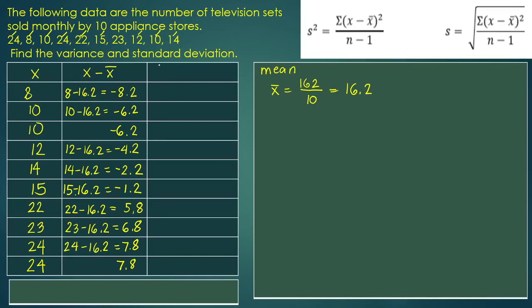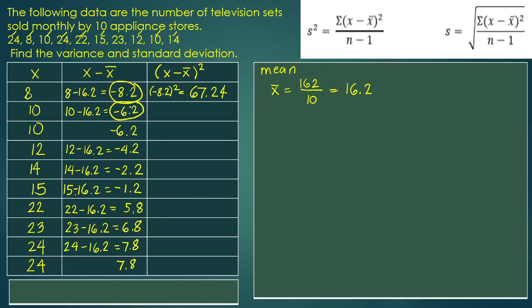Next, we will have x minus the mean squared. What is negative 8.2 squared? 67.24.